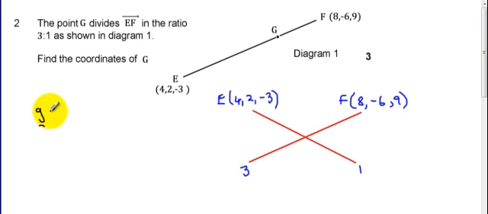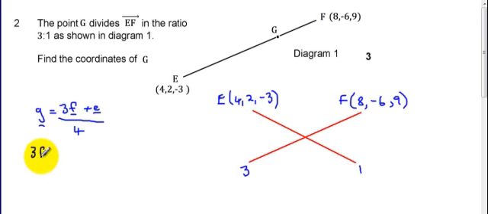Position vector of G will be given by 3 times position vector F, plus 1 times E, and we divide that by the sum 3 plus 1.